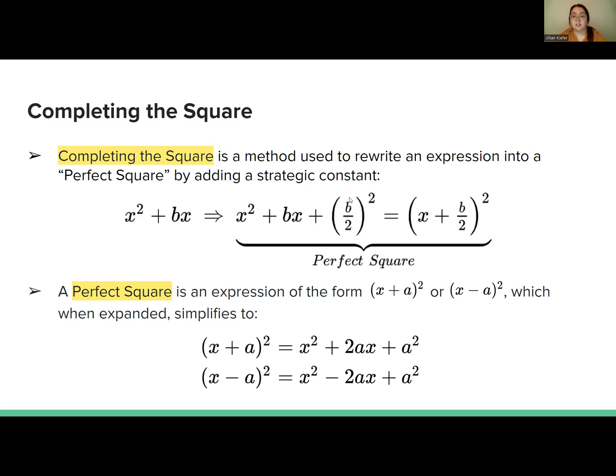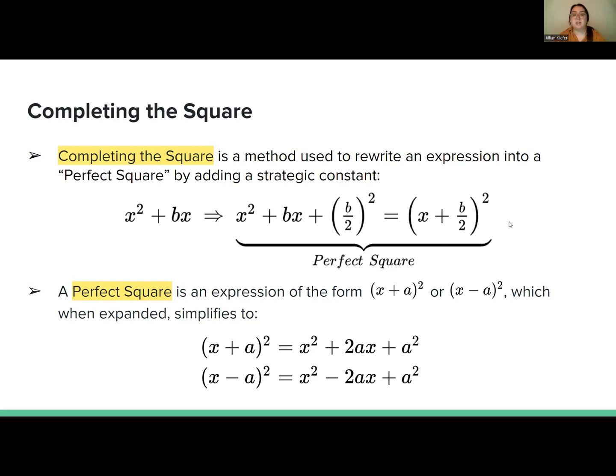That strategic constant is (b/2)². That is always the constant we want to add. So we take this value of b, whatever it is, we plug it into the strategic constant, (b/2)², we get some new number, and this simplifies into that perfect square, (x + b/2)².